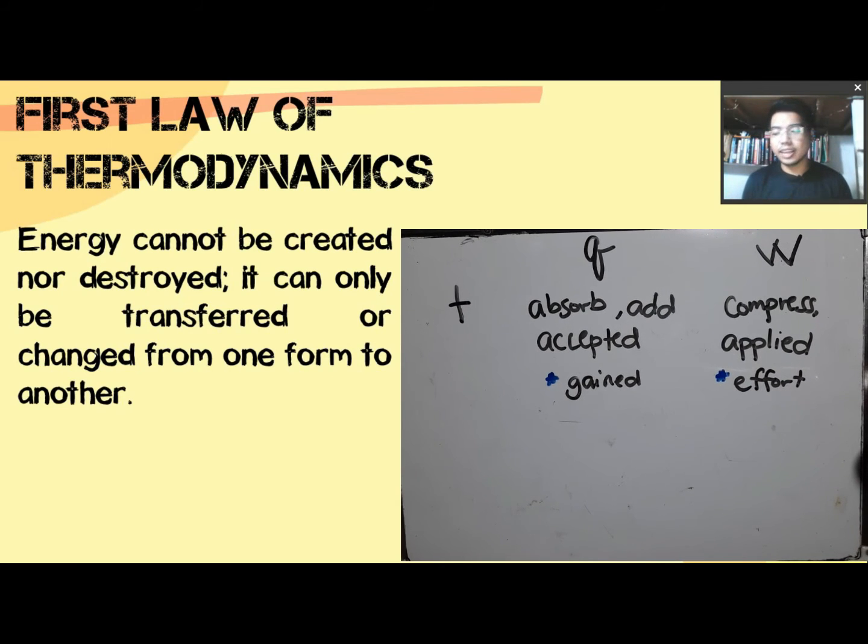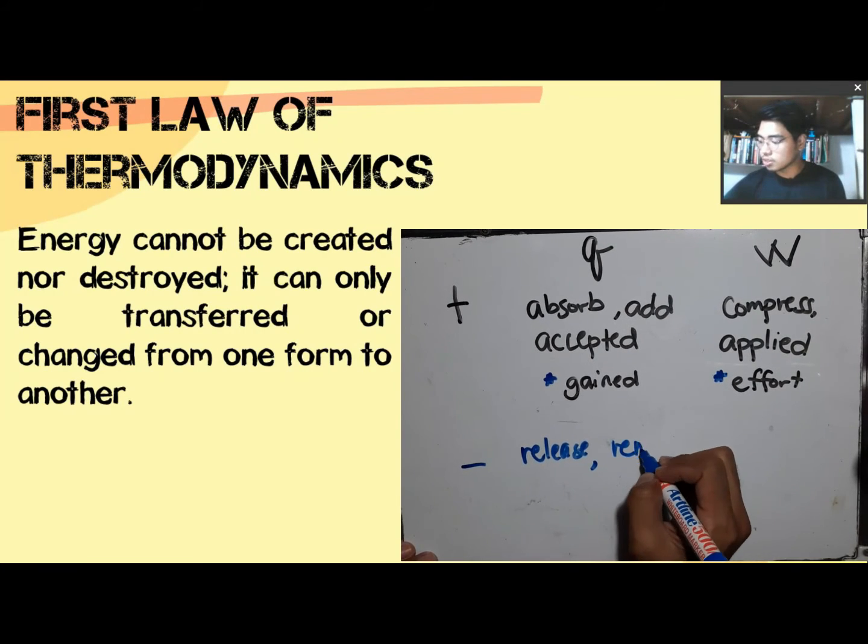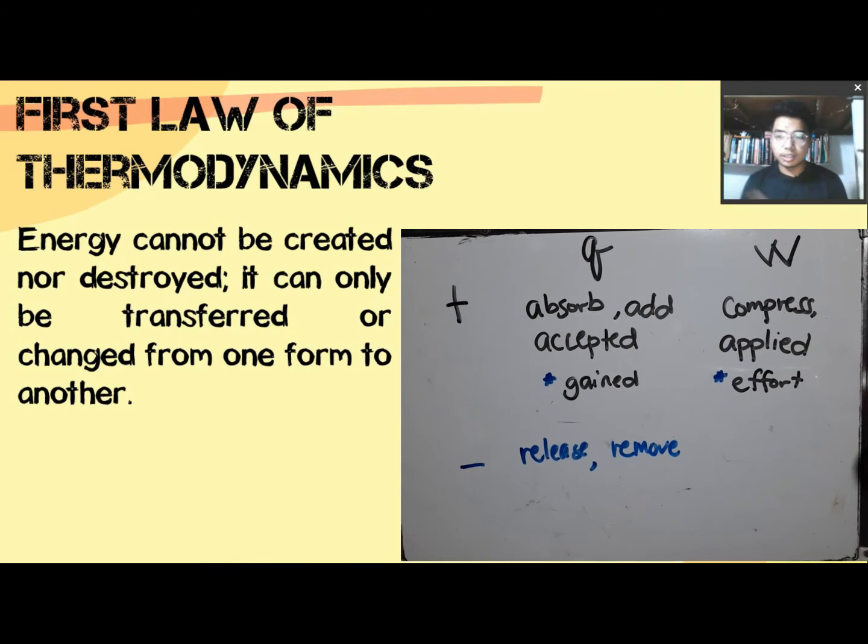Okay? Then, for the integers to be negative, we are going to consider the following keywords. For heat to be negative, add, its opposite, is remove. Then, when it comes to accepted, it is now either release, removed, or even the term decrease or subtract.